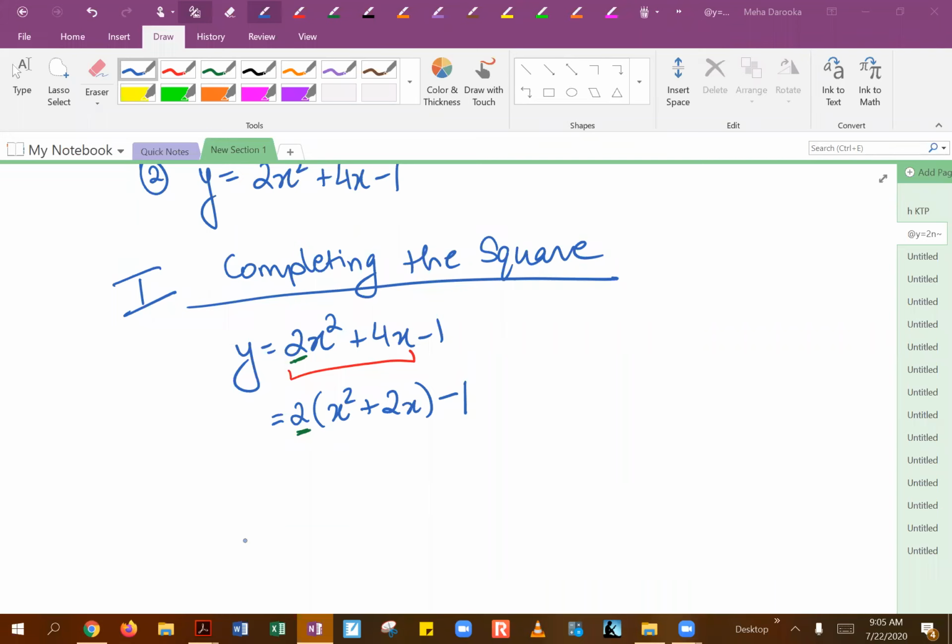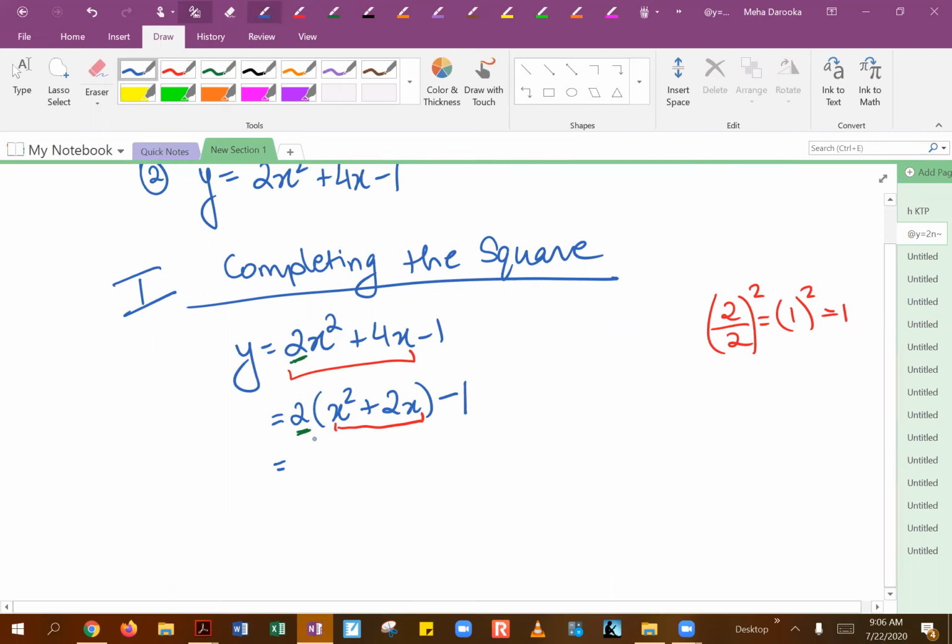Right now, once you have taken that 2 outside, we look inside the parentheses, that's the x squared plus 2x, and we want to complete the square just for the parentheses part now. So we're going to take the coefficient of the middle term, which is our 2, and remember this is where we divide that by 2 and square it. So 2 divided by 2, of course, is 1, and 1 squared would obviously just be 1.